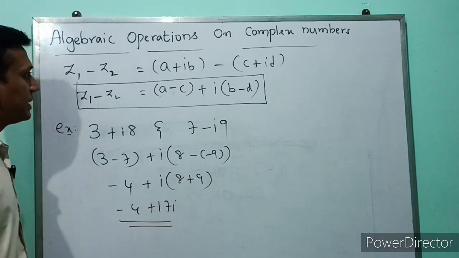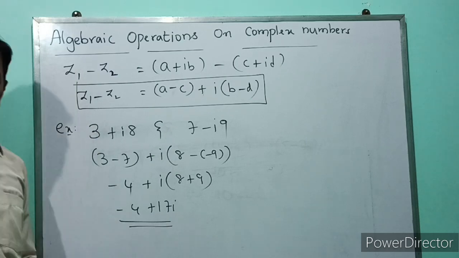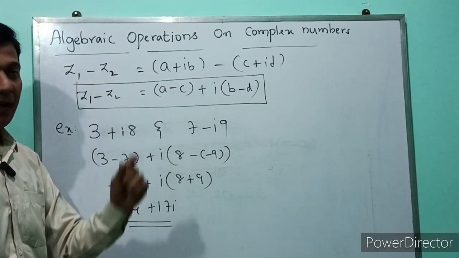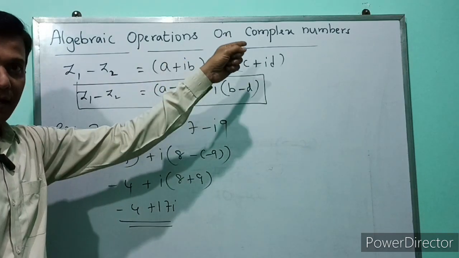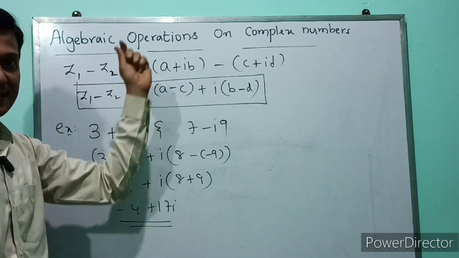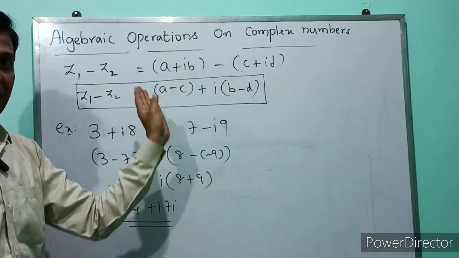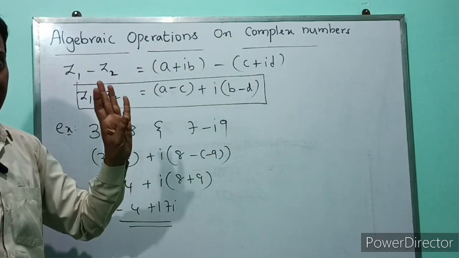So this is the result in the case of subtraction. So in addition as well as subtraction, what is the common thing? In addition the real parts are added, and in subtraction the real parts are subtracted; similarly the imaginary parts are added or subtracted.